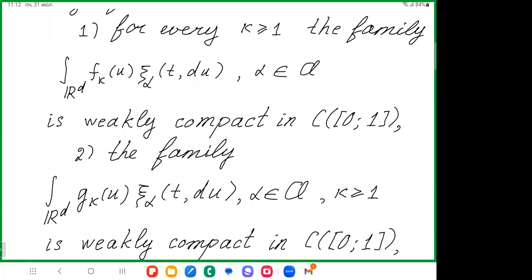Here we have a family of continuous random processes. For fixed alpha and k, we have a continuous process, which is a random element in C[0,1].